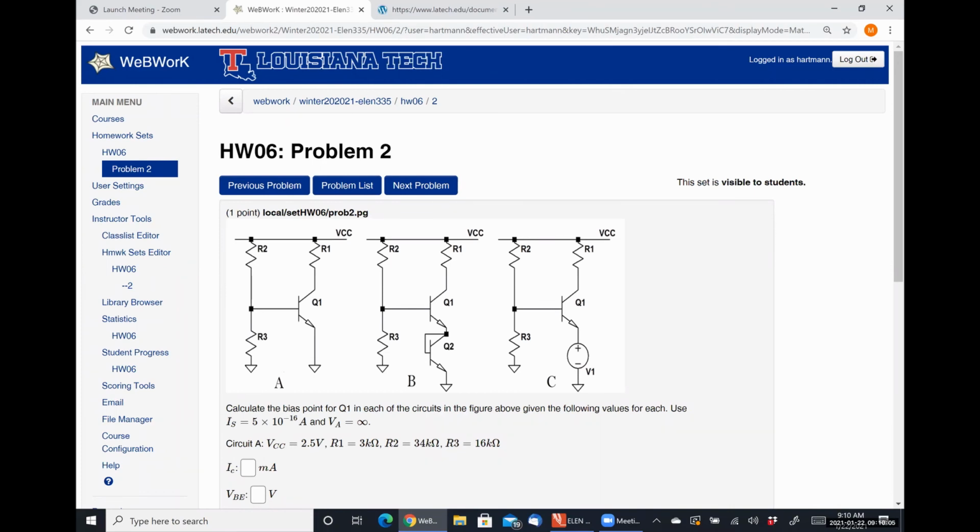So one thing that you need to think about when looking at part B is that the current flowing out of the emitter of Q1 has to be the same as the current flowing out of the emitter of Q2 because they're in series. So that's going to aid your analysis significantly, recognizing that. Because if the two emitter currents are the same, that means the collector and the base currents are at least going to be really, really close to each other if they're not exactly the same.